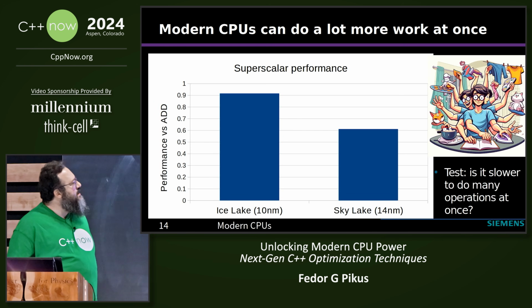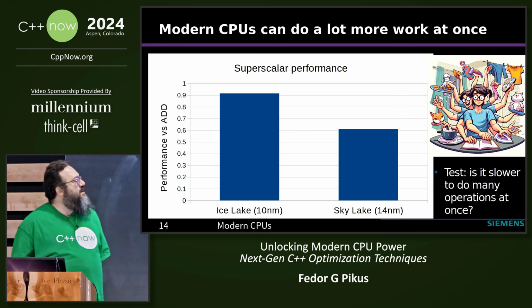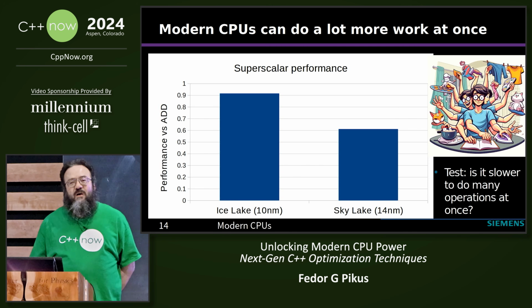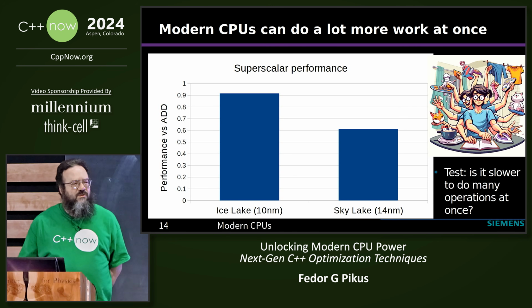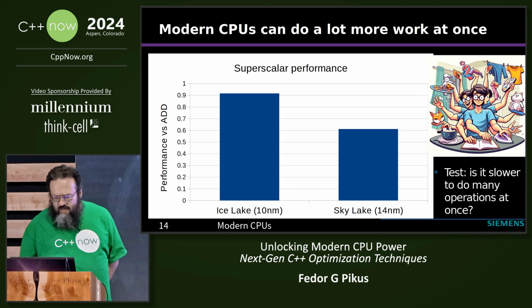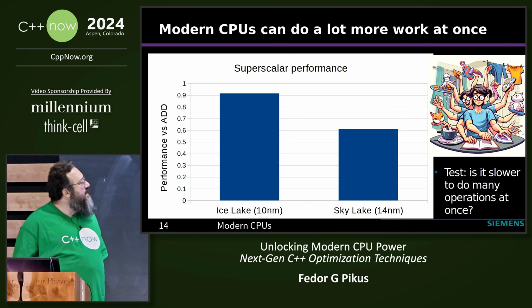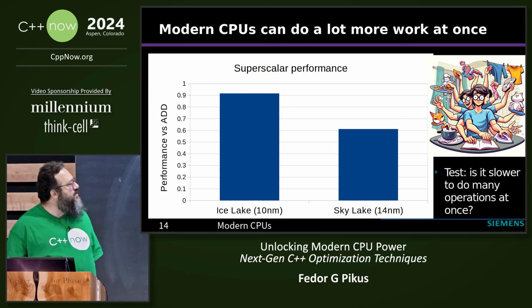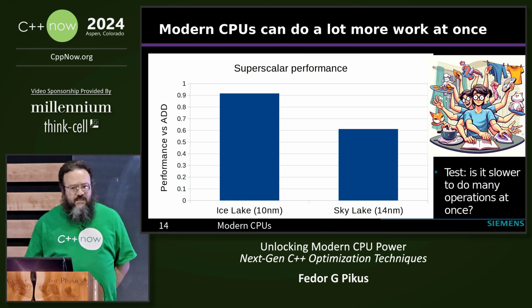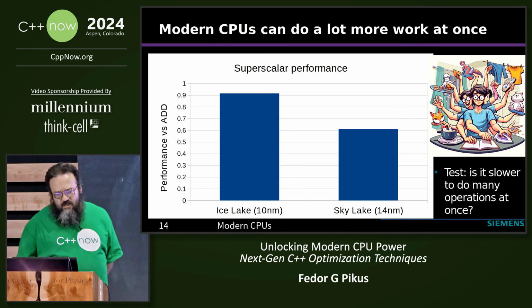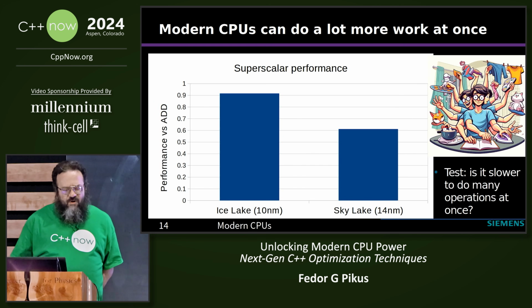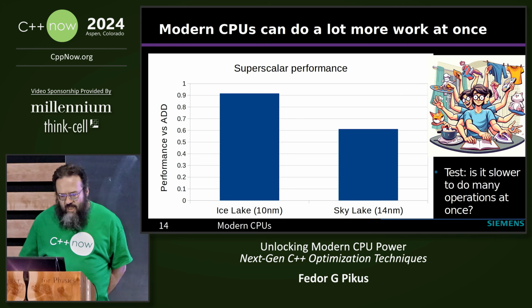On the right is the Skylake 14 nanometer Intel chip. It's about six years old, I think mine was. On the left is the Ice Lake, not the most recent one, but the next process, the 10 nanometer process, so it's one generation behind.